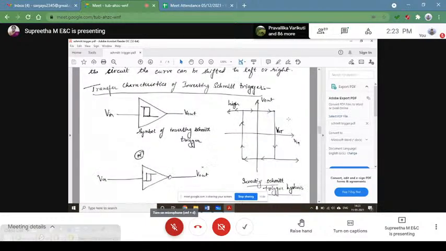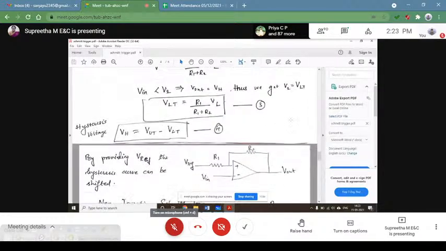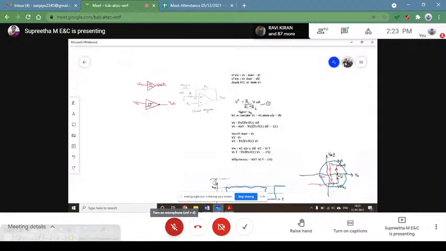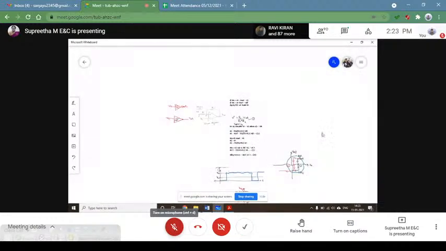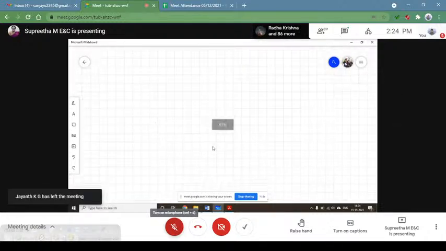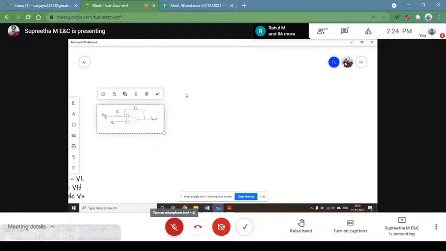Now I give you an important task. This is my circuit, your op-amp circuit with reference voltage.